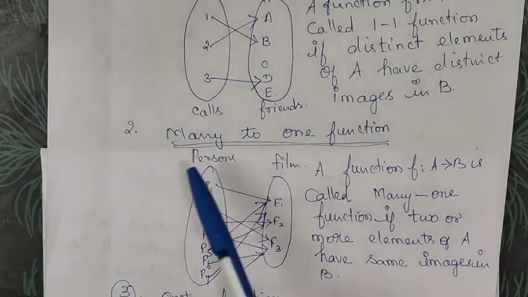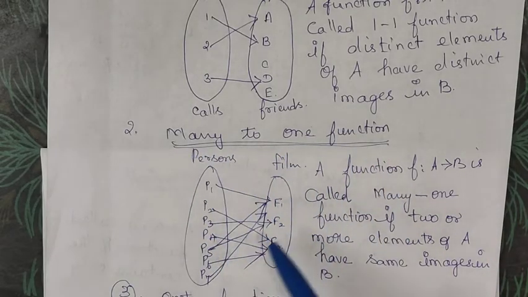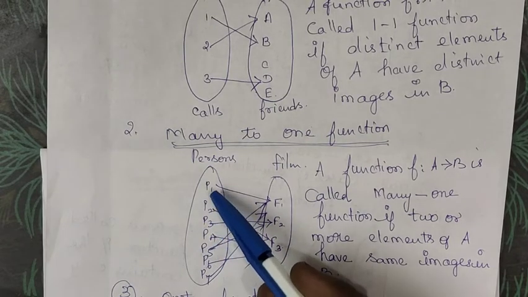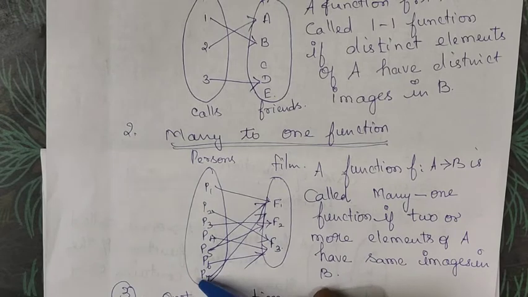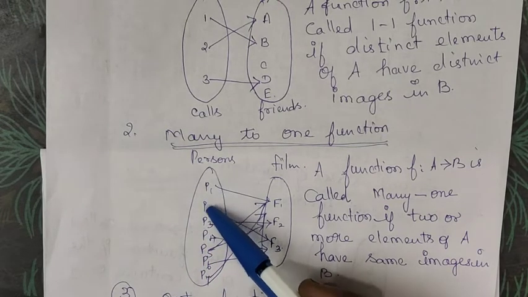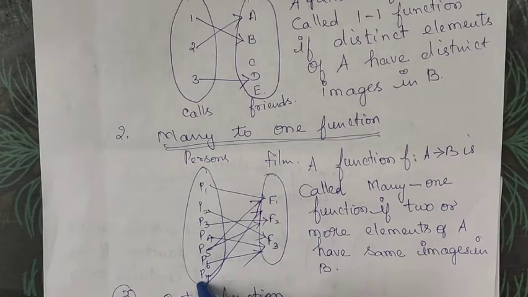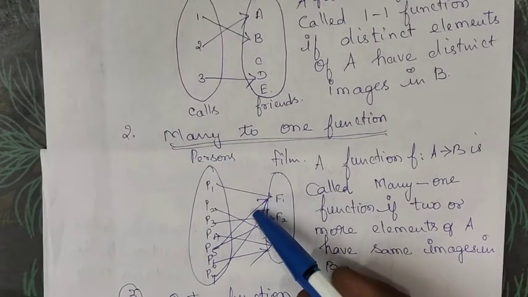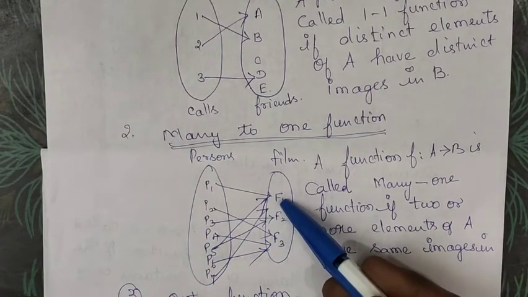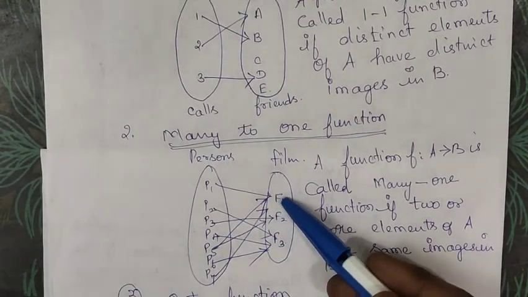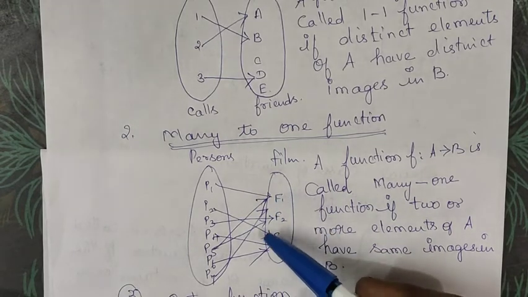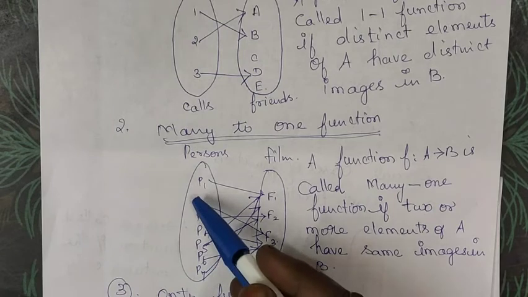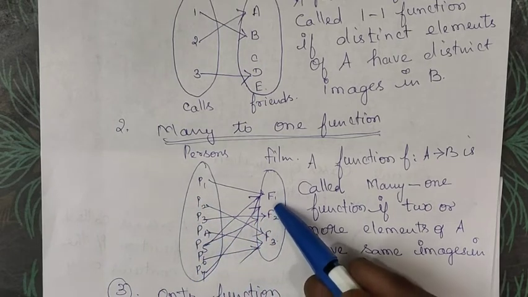Now many-to-one function. For example, the persons are represented in the first set: persons P1, P2, P3, and the number of persons is 7, and they go for a film in a complex. The complex consists of 3 theaters, F1, F2, F3. 3 films are shown and all these people will not go for the same film.